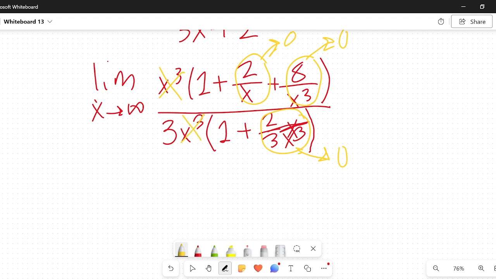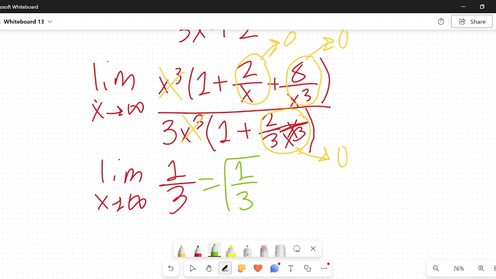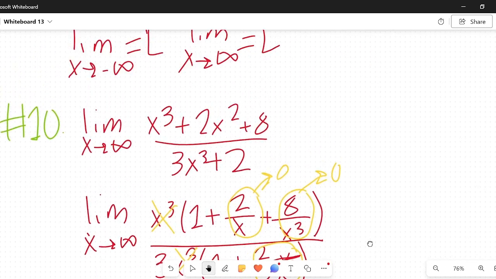So in the end, we'll have the limit as x approaches infinity of 1/3, which is simply equal to 1/3. So that is how we evaluate a horizontal asymptote. Let's say we were looking for the horizontal asymptote of this function. Now we know it, right?